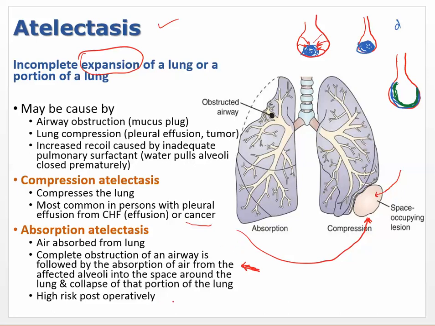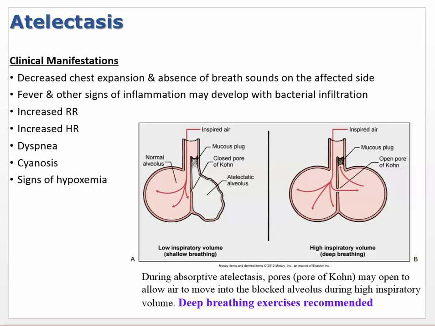So there's a high risk post-operatively of some kind of damage, with air moving from the lung to that outside space. Clinical manifestations of atelectasis: decreased chest expansion, absence of breath sounds on the affected side. Fever, if it becomes inflamed, like a bacterial infection, then you might see fever, but that's coming from the inflammation and the infection, not so much from the atelectasis.